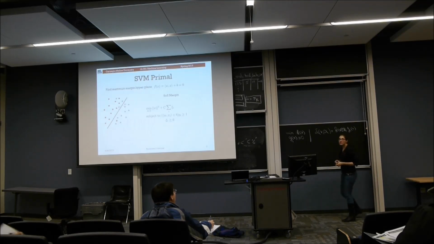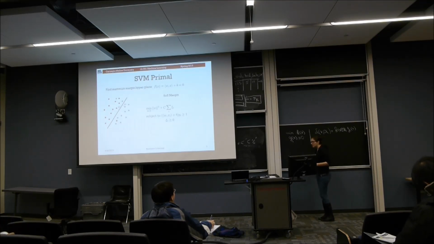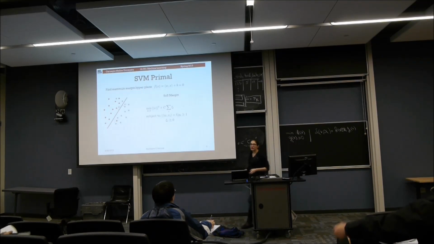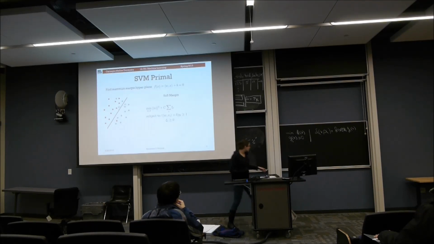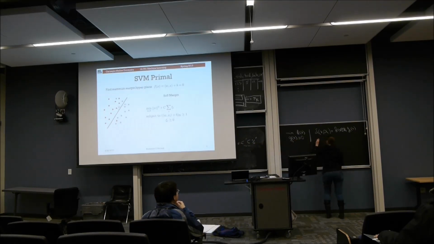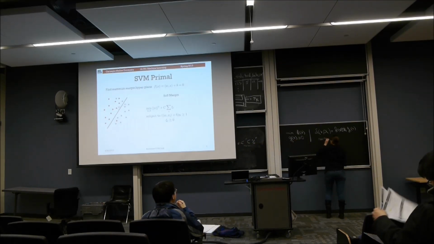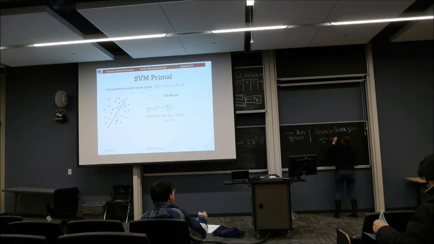So this is how we build the Lagrangian, which gives us the dual optimization problem. The dual problem is the thing that gets you the correct alphas. So when you do the optimization, you minimize over x and maximize over alpha.